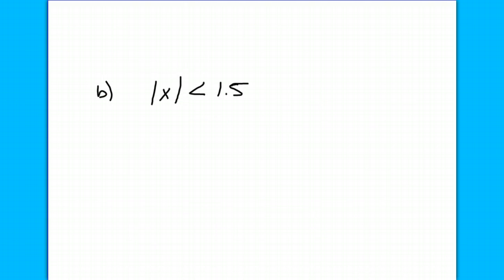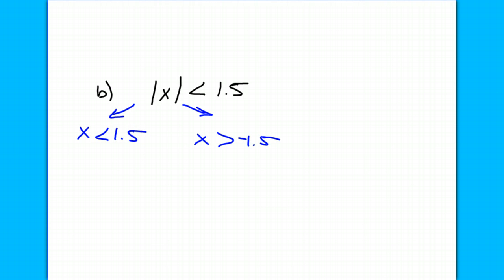Okay, let's try it again with another pretty simple looking inequality. We see the absolute value, so we go two directions. Who can tell me the two inequalities? Michaela. X is less than 1.5 and x is greater than -1.5.